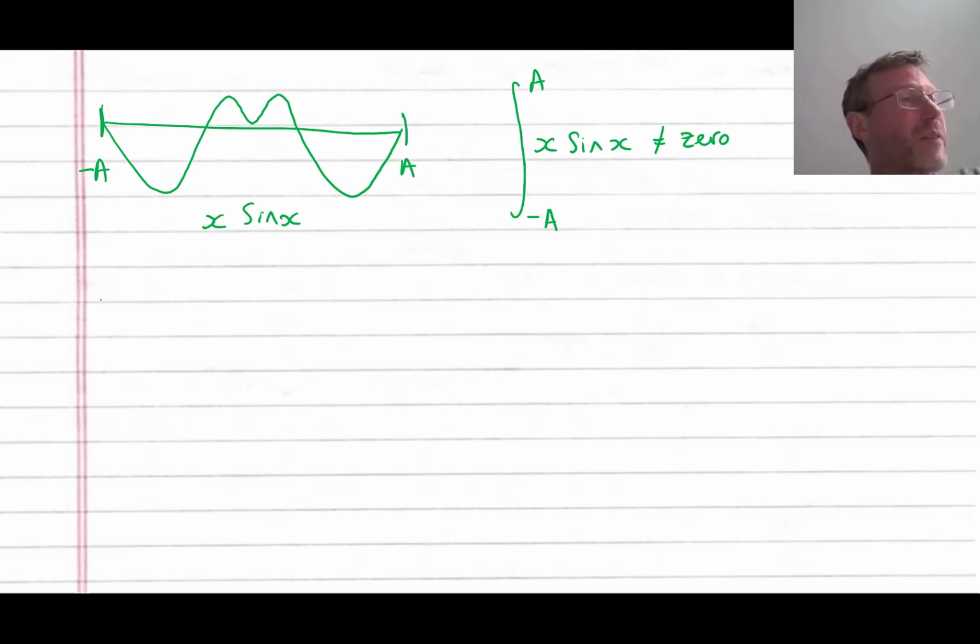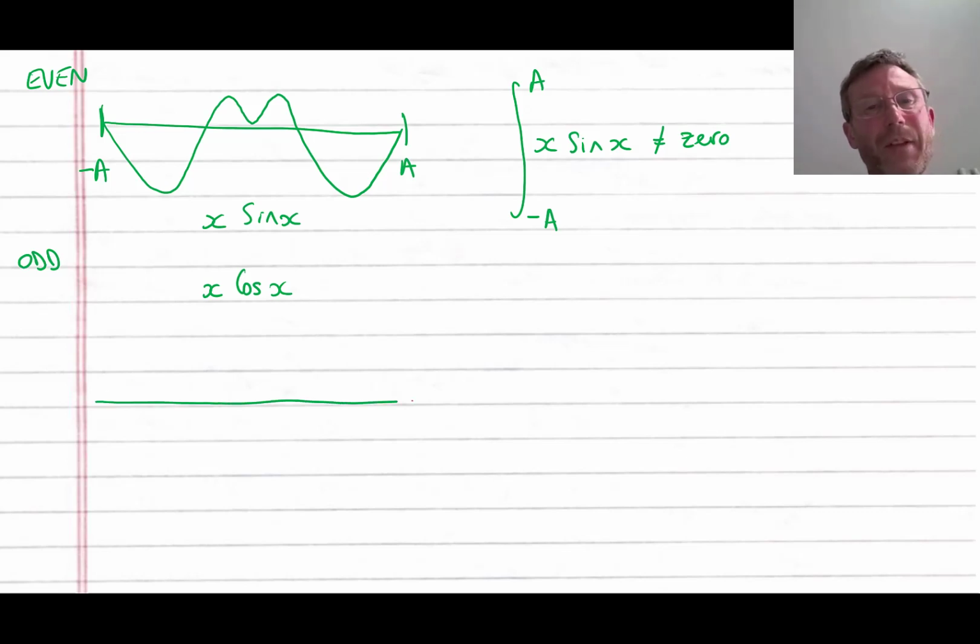A counter argument: let's look at, for example, x cosine x. So this was an even function at the top, but let's look at an odd function down below. X cosine x is an odd function. What does that look like? It looks something like this.